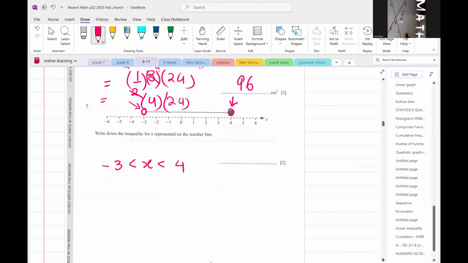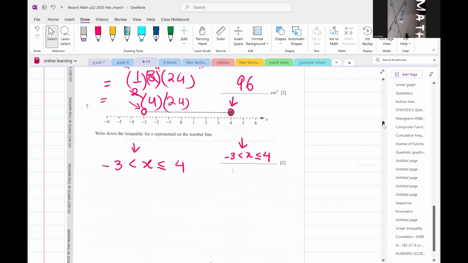All we need to write is the correct inequality, and we'll write an equal to sign here because 4 is included in the inequality region, but -3 is not included. That is why I haven't written an equal to sign here.